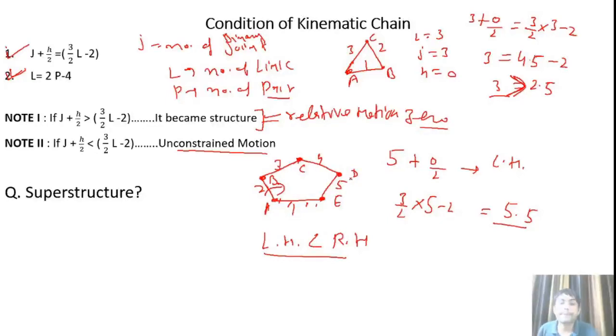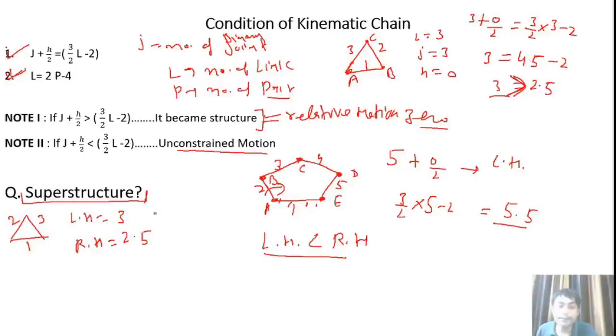Okay. Now the question is, what is a superstructure? My dear, in this triangle example with three links, the left hand side is equal to 3 and the right hand side is equal to 2.5.